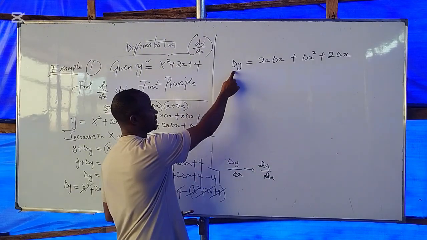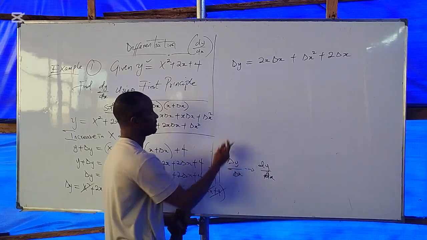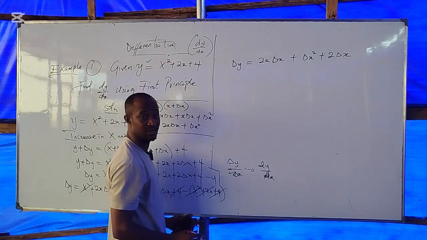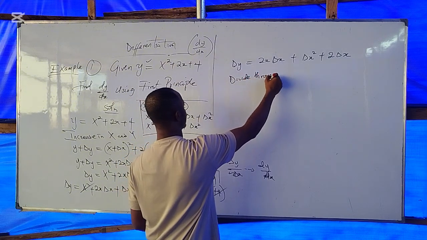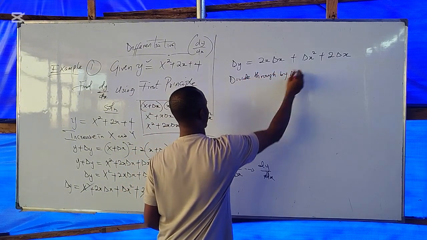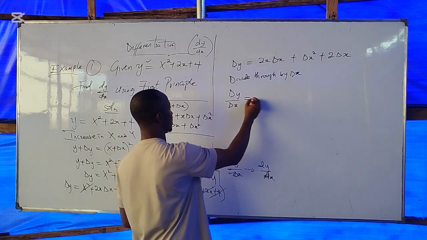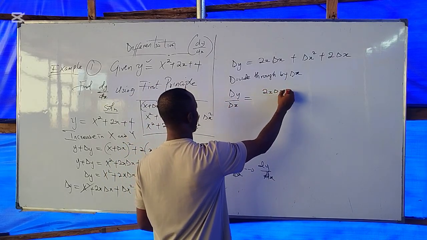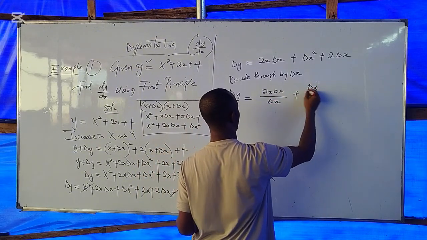So here we have delta y, and to achieve this I will divide through by delta x. And what do you have here? Delta y over delta x equals 2x delta x over delta x plus delta x squared over delta x.